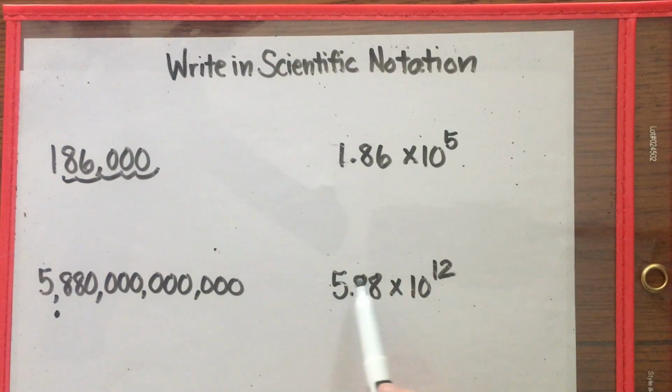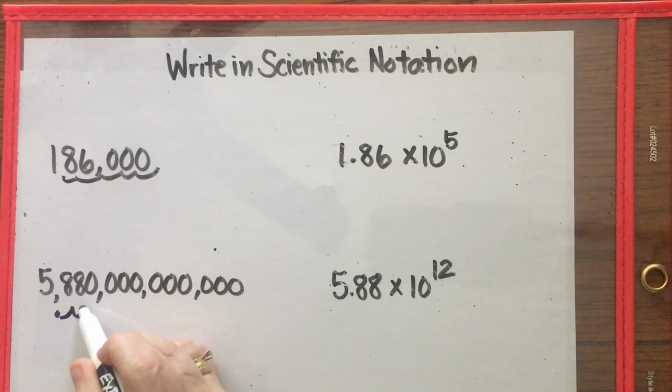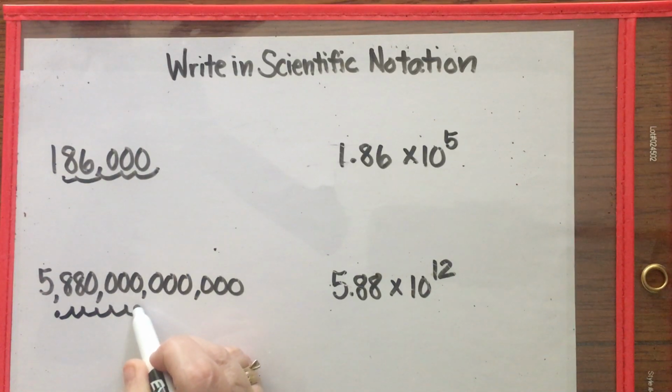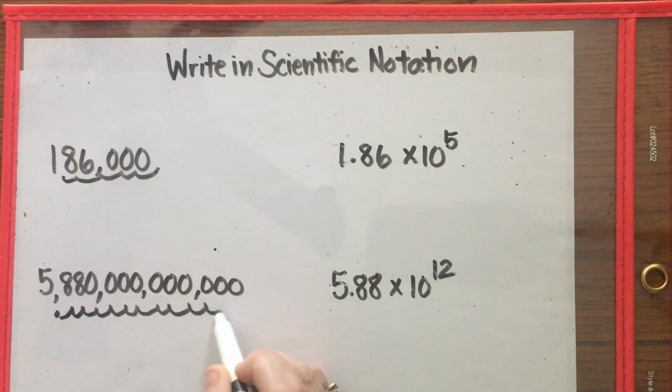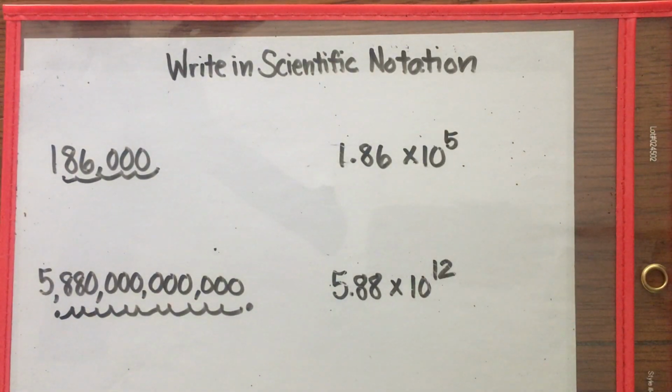Remember, we dropped the zeros. Now if there's one where it was like 808, we have to include that 0 in the middle, but there isn't. Okay, so we stop there and we count. How many spaces did I move? 1, 2, 3, 4, 5, 6, 7, 8, 9, 10, 11, 12 to get to my original decimal point, which means that my exponent or my characteristic is 12.